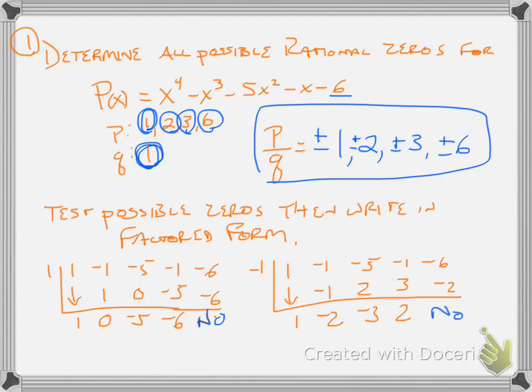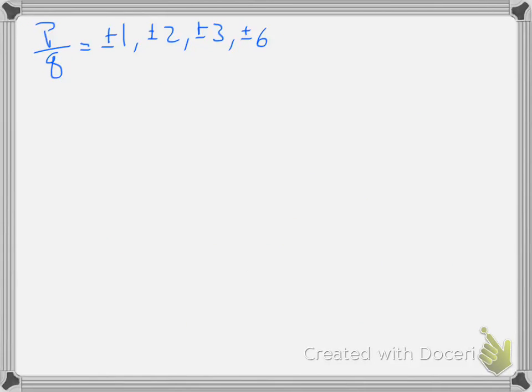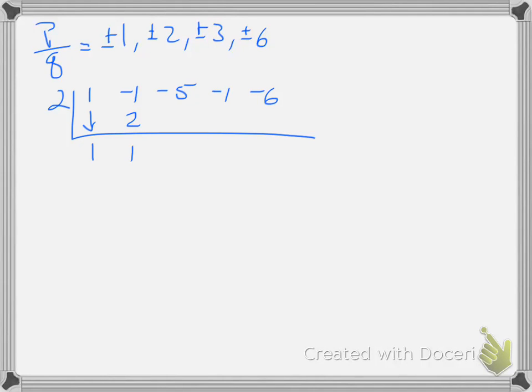I'm going to go on to the next page. So I have my list of possible zeros. I've checked positive 1 and -1. I'm checking positive 2 now. So that's 1, 2, 1, 2, -3, -6, -7, -14, and that does not work either.